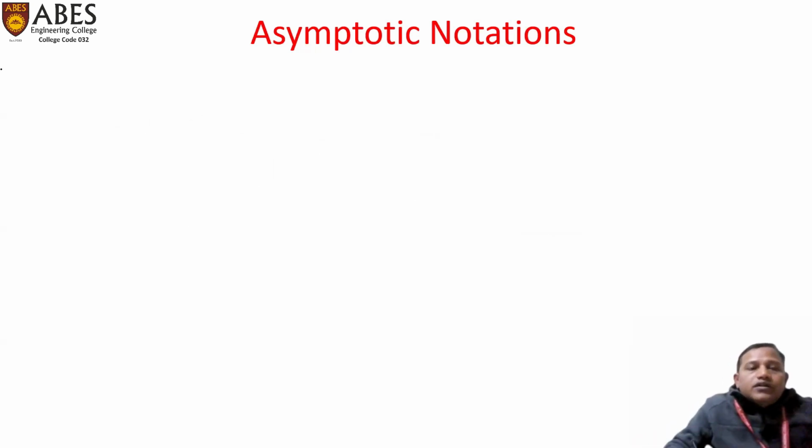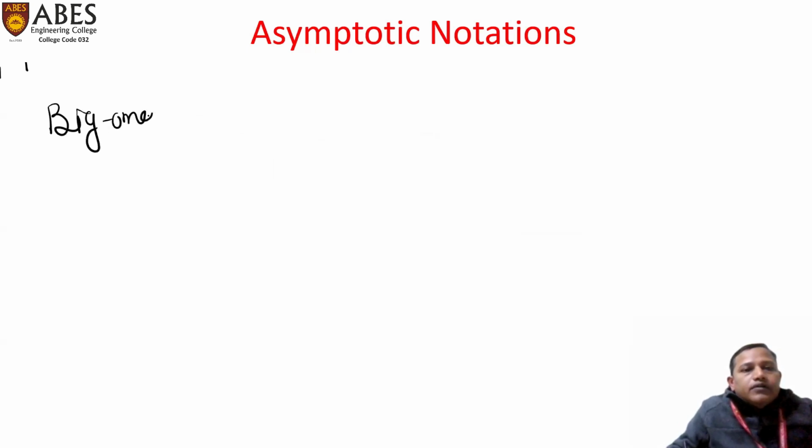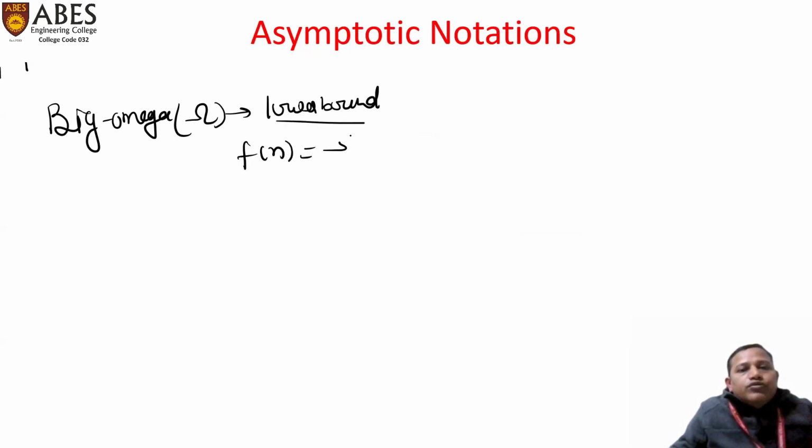Next one is big omega. This is called lower bound. Lower bound means if function f(n) is equal to omega of n cube, then it is also true for omega of root n.